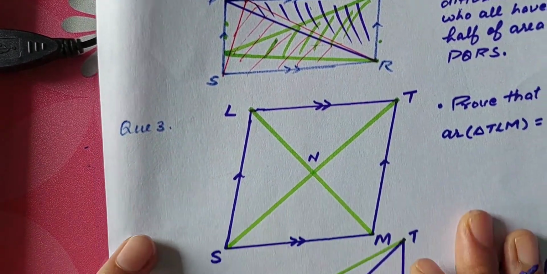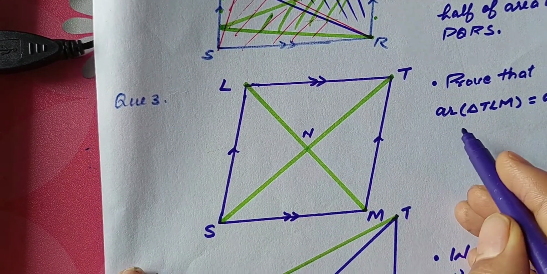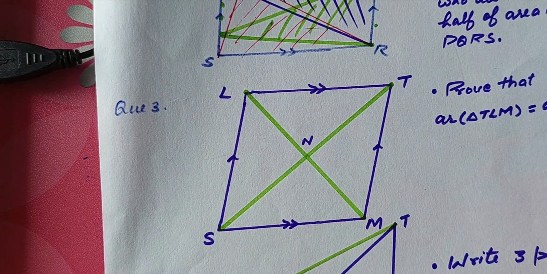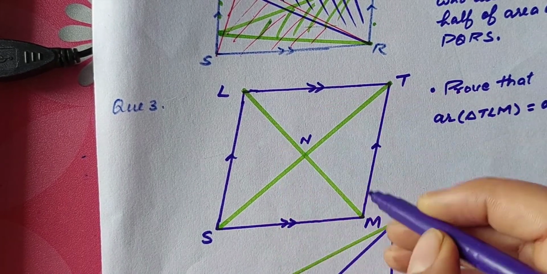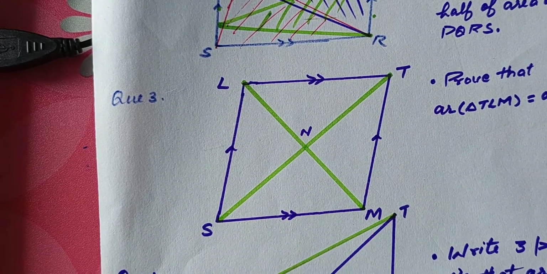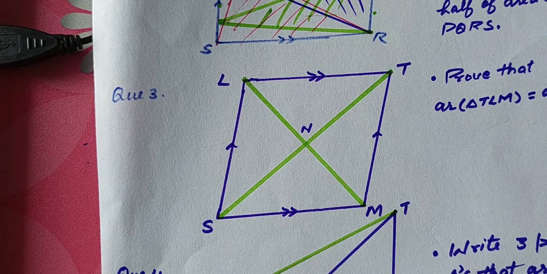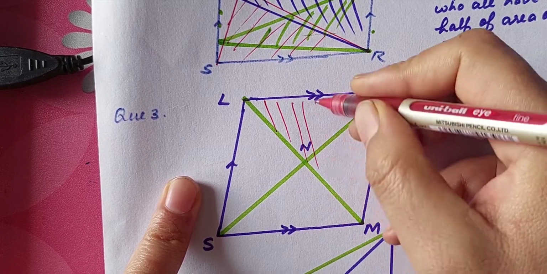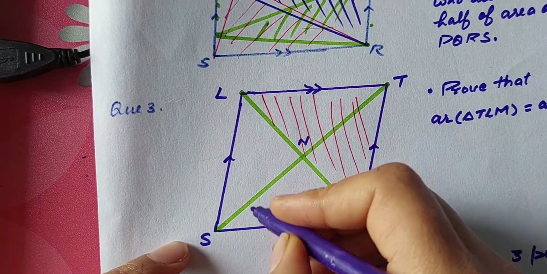Now we have the third question, where we have to prove that the area of triangle TLM is equal to the area of triangle TMS. So TLM and TMS mean these two triangles. Let me shade them. At times after shading, we automatically get an idea about how they are going to be the same.